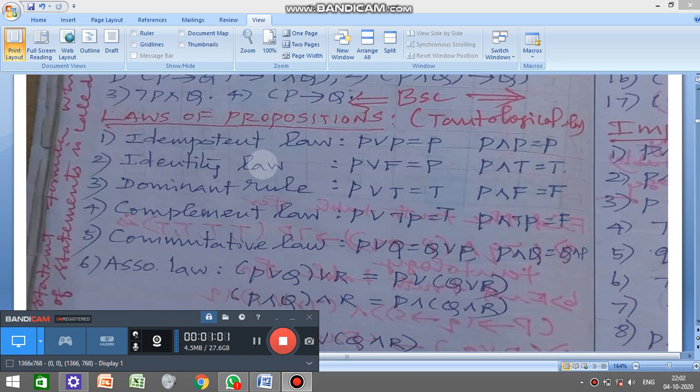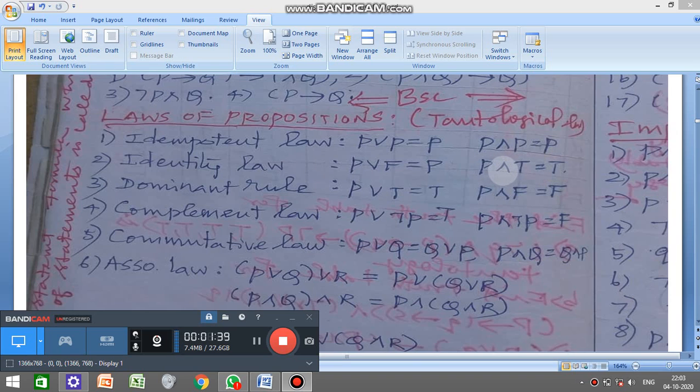Next one is the identity law, which says that if the truth value of P is connected by OR with a contradiction, a false truth value, then you will get the truth value of P. But if you take P and a tautology connected by OR, it gives you a tautology.